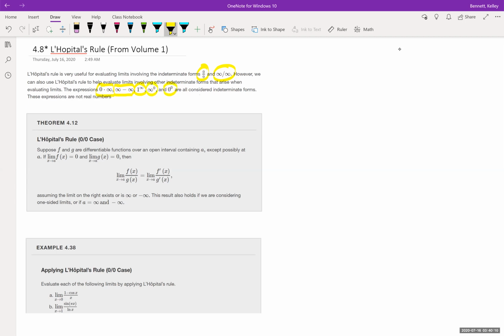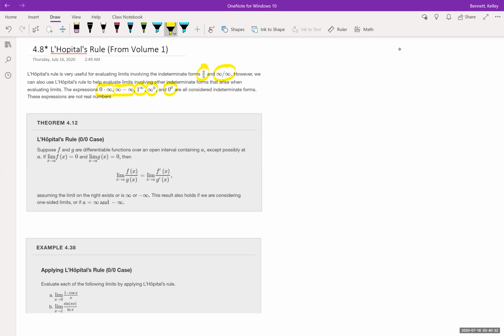So with these indeterminate forms, it may feel like, okay, why can't we say infinity over infinity is 1? Or why can't we say infinity minus infinity is 0? It's because infinity is not a number, it's more of an idea, and there are different sizes of infinity.